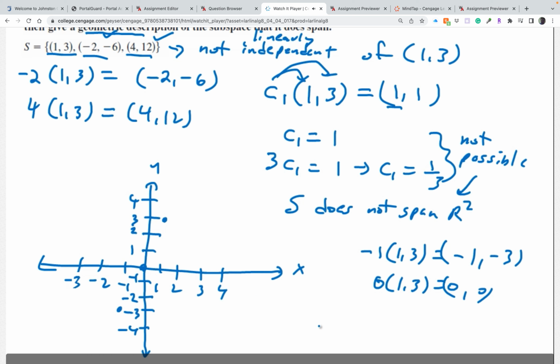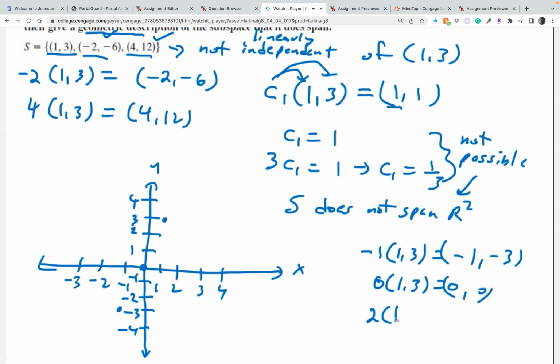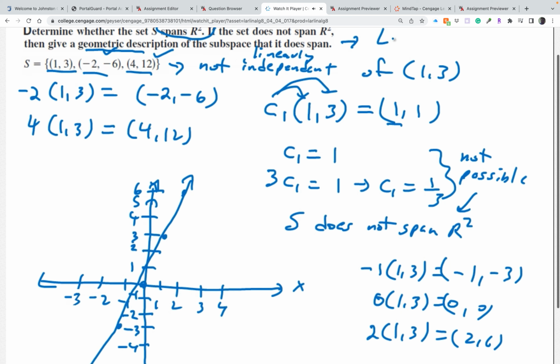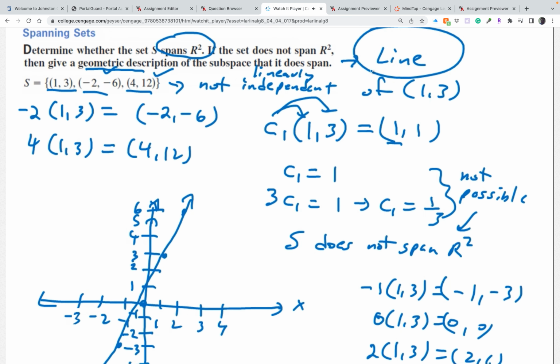And if we multiply by 2, we would get 2, 6, where 6 would be up here. We can see that those points all lie along a line, showing us that the geometric description of the subspace that this set does span is a straight line.